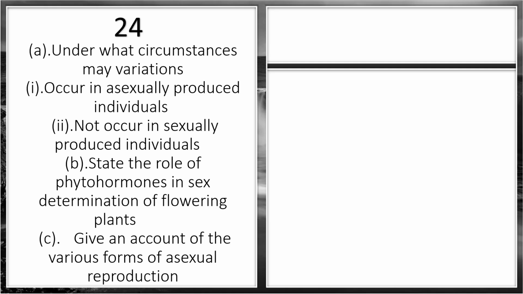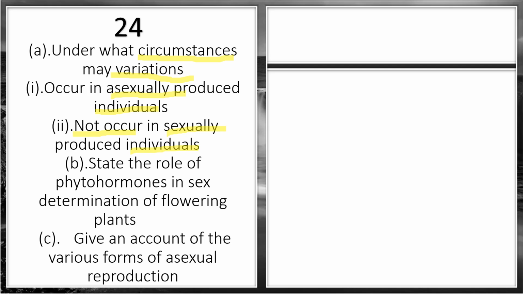Question 24. Under what circumstances may variation occur in asexually produced individuals? And under what circumstances may variation not occur in sexually produced individuals?